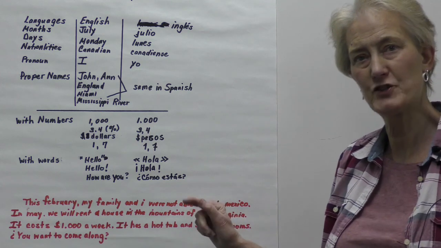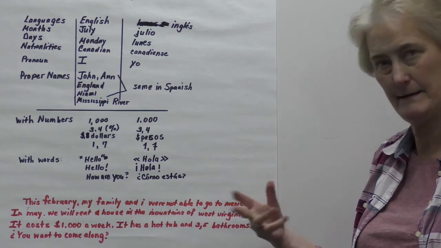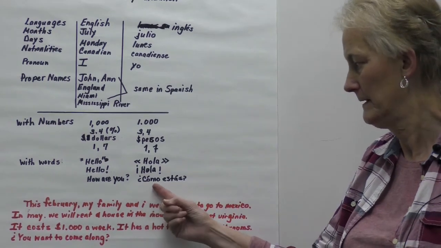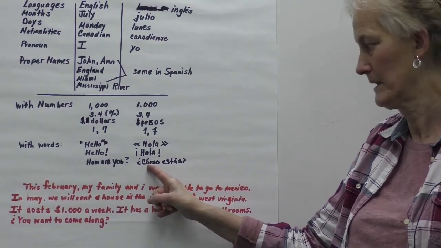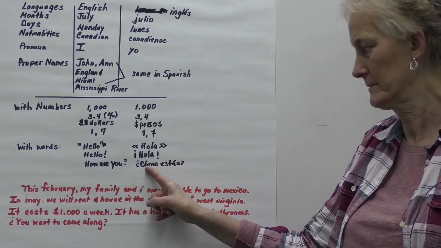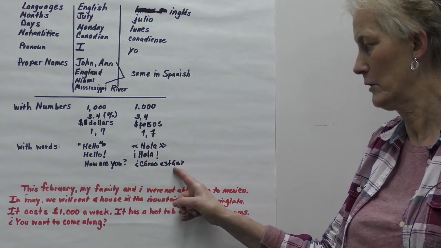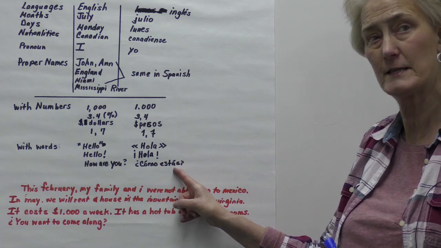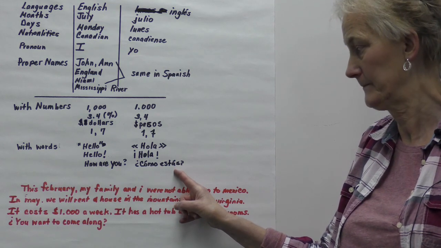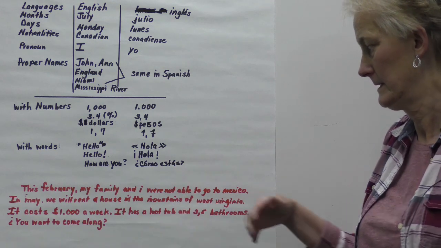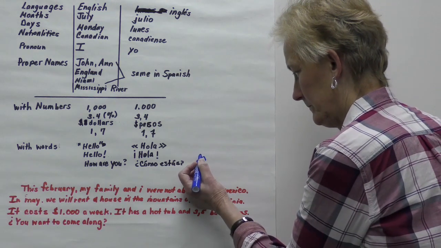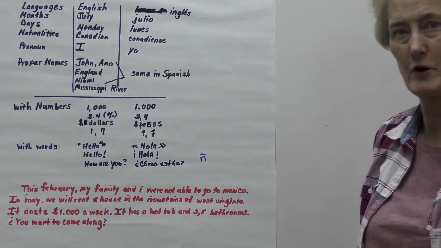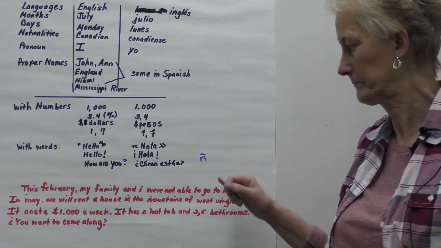I did not mention accent marks, and maybe I should do that here. Spanish has an accent mark like this over vowels, here over the O, here over the A. And it changes the meaning of the word slightly. They also have this mark, which is called a tilde.